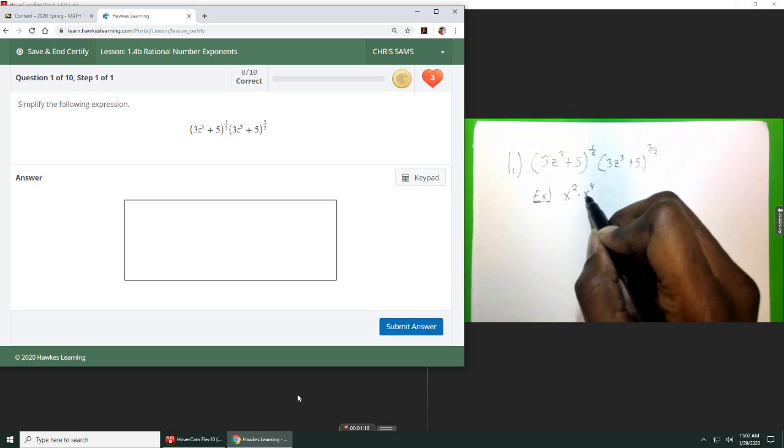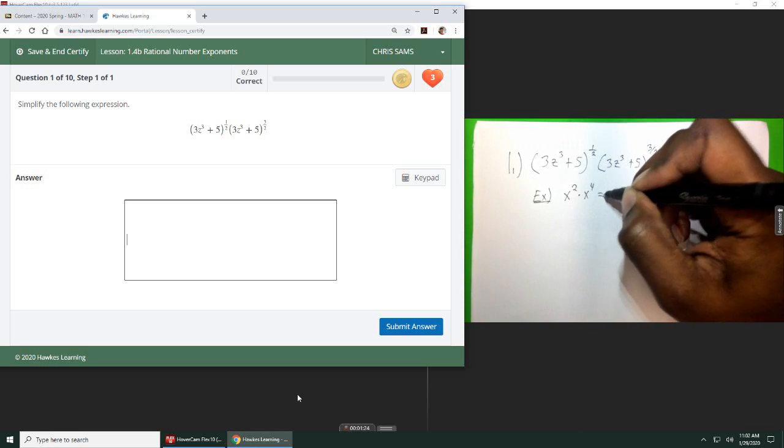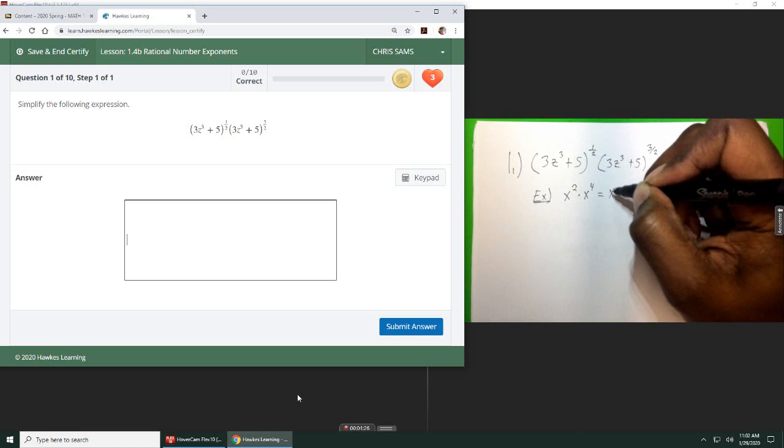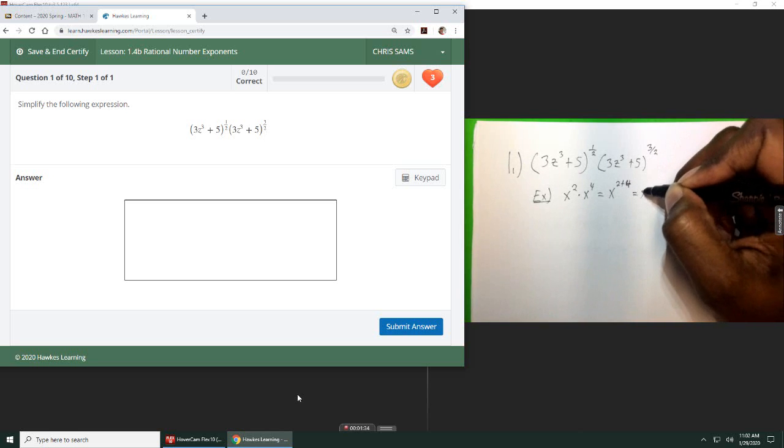As long as the base was the same, when you multiply, the property of exponents says you just add those two together. So you end up with x, same base, 2 plus 4, and you get x to the 6.